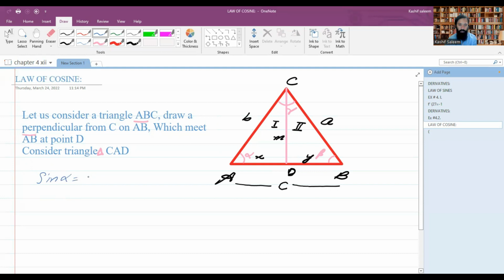Sine alpha is equal to perpendicular upon hypotenuse. The perpendicular here is M, and the hypotenuse is b, which is opposite to the vertex D, the right angle. So we have M is equal to b sine alpha. This is equation A.